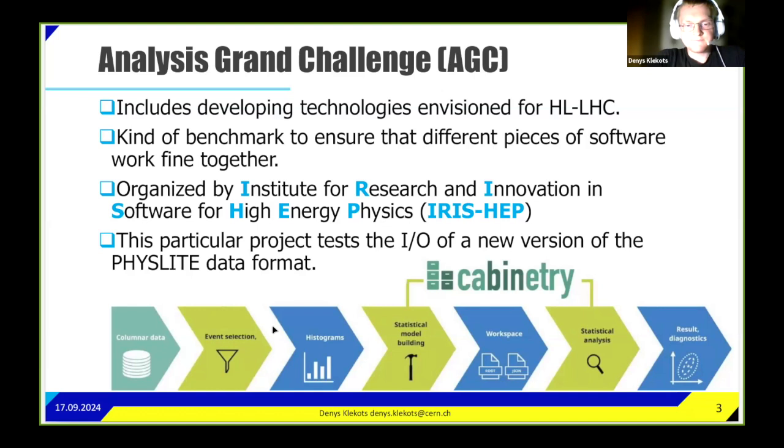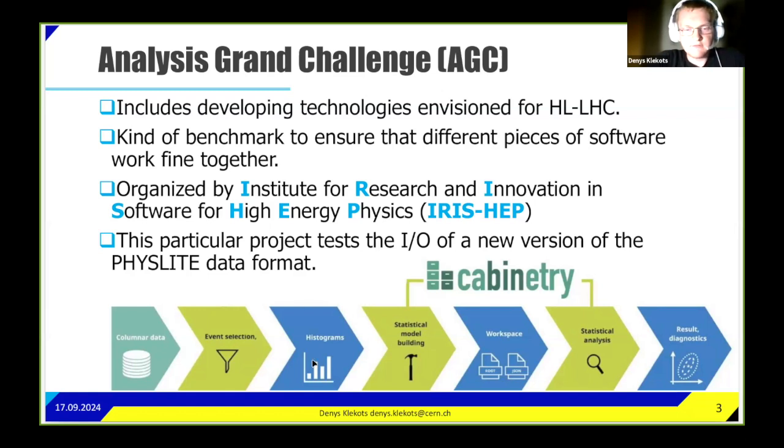And this particular one is testing input-output of the PHYSLITE data format. The steps implemented here: first of all we start with columnar data. After that we take this data in our code and do some event selections, as usual in data analysis for high energy physics.